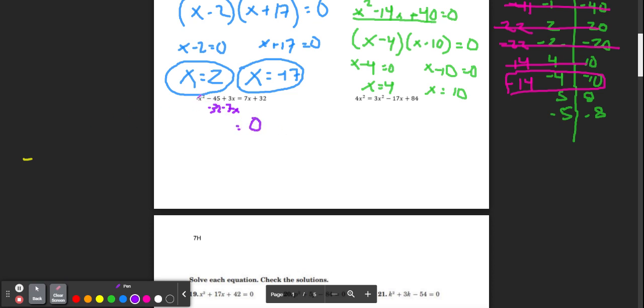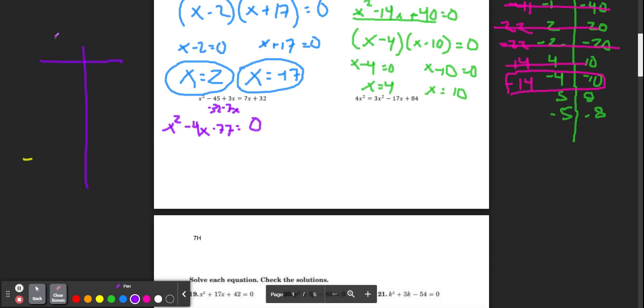All right. So we have x squared. That doesn't change. We have the 3x minus the 7x, so that's going to be a minus 4x. And we have negative 45 minus 32, which I believe is negative 77. So we have x squared minus 4x minus 77 equals 0.